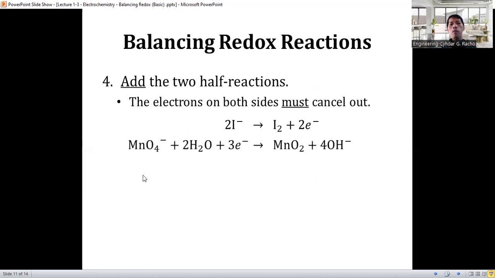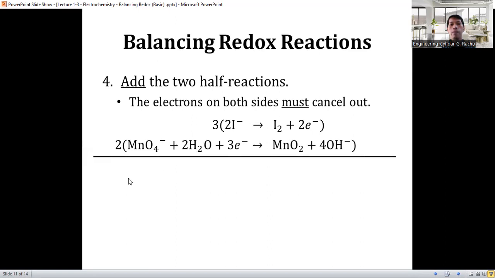Then we have MnO4 negative plus 2H2O plus 3 electrons equals MnO2 plus 4OH minus. Then try to manipulate the equations so that the electrons cancel out. So we can multiply 3 in here, and then we can also multiply 2, para mag-cancel out yung ating electrons.